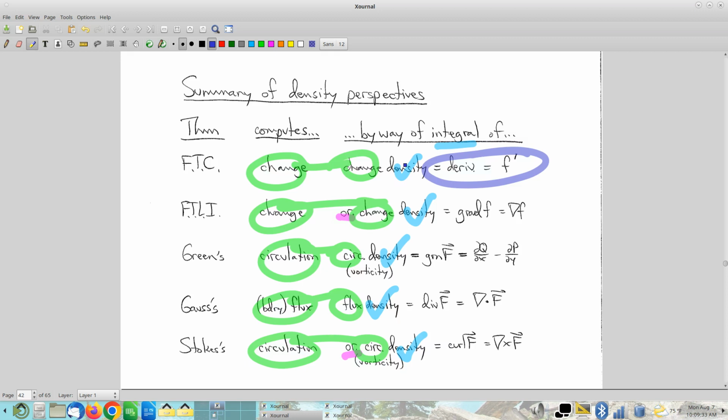This idea that we're talking about change as an accumulating quantity. We're going to view density as quantity per unit size, and it's just a matter of interpreting what that ends up being. And sure enough, it ends up being the derivative. We got lucky on that one.